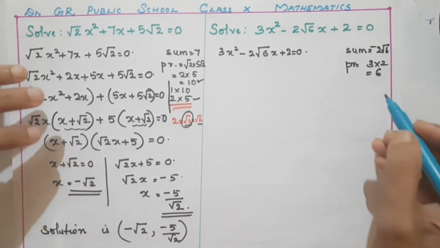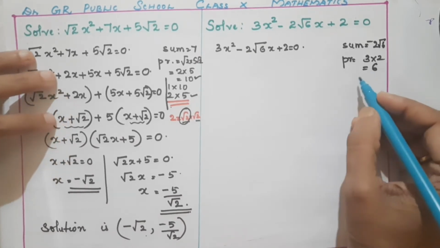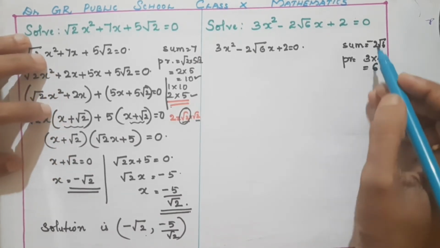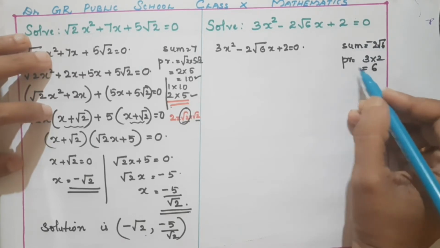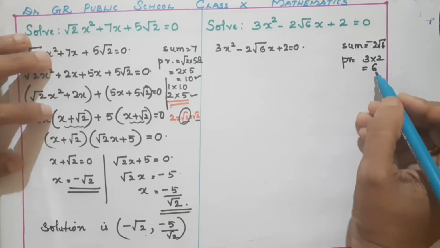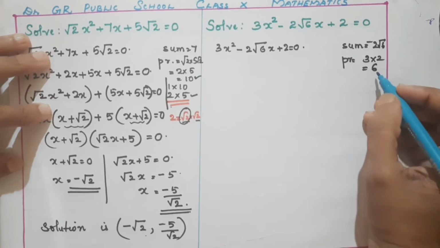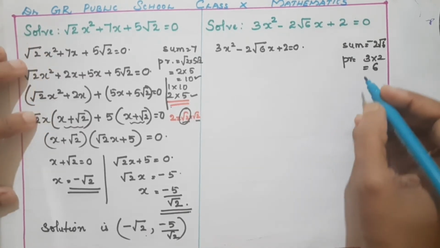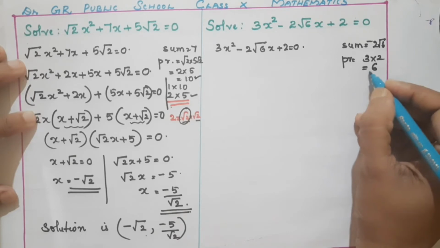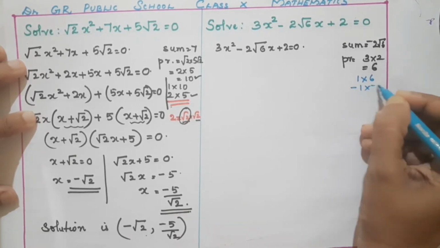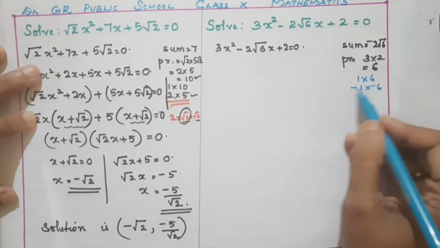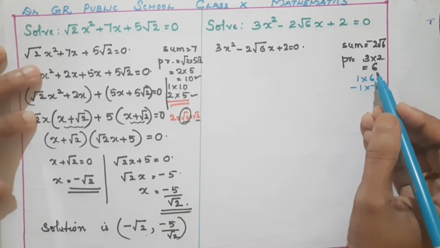Factorization of this 6 we can verify. What are they? Here one is negative, sum is negative, product is positive. Okay, so we have to verify all the factors. 6 can be written as positive 6 can be written as 1 into 6 or minus 1 into minus 6. Both are positive 6, isn't it?